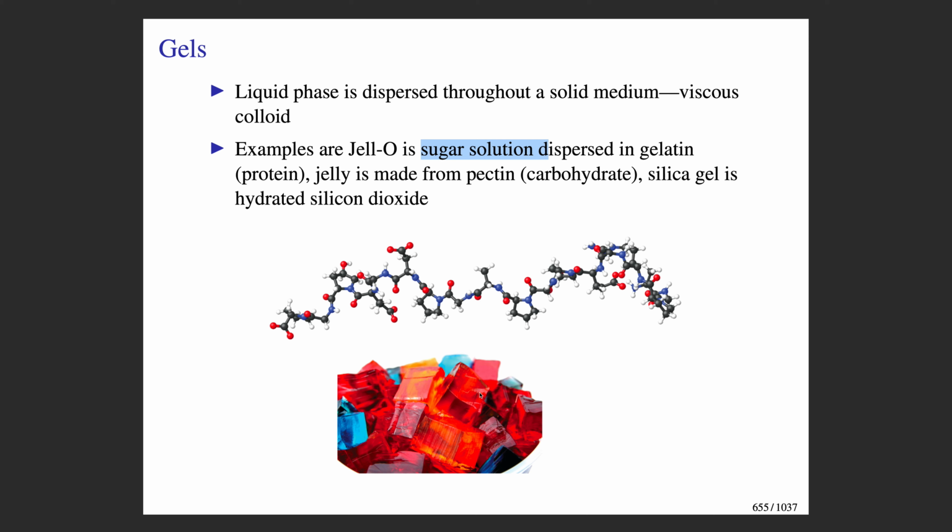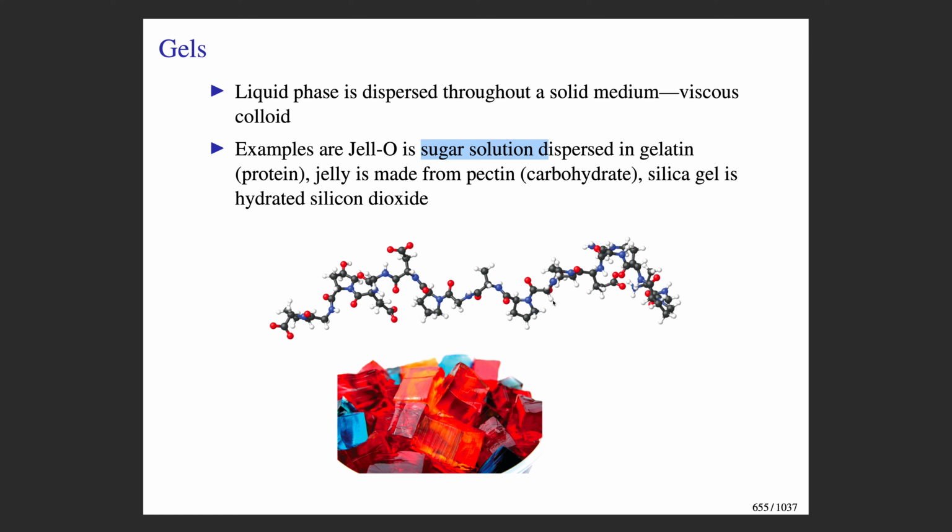That's what gives the Jello its shape. The Jello is essentially the gelatin, and the flavoring and the coloring come from the sugar solution dispersed through it.